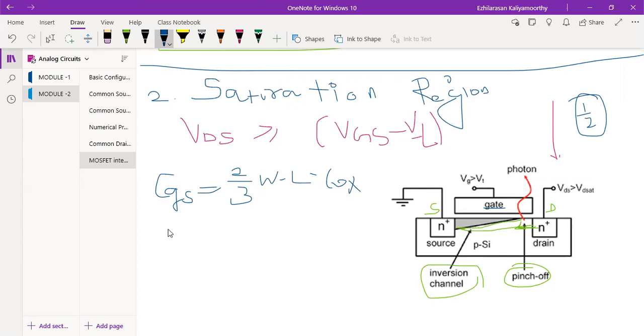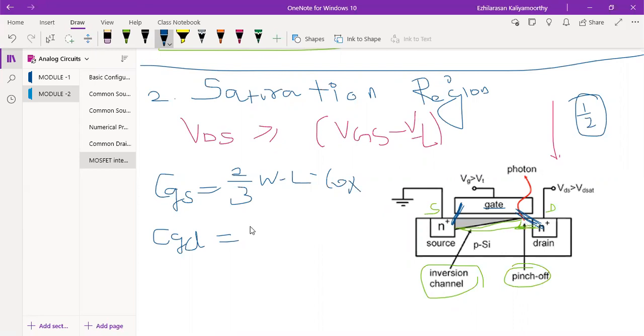So what will be CGD now? For CGD, the overlapping capacitance will be there, this is the overlapping. But what about here? There is no overlapping because the channel was pinched off over there, so there is an absence of channel in that place.